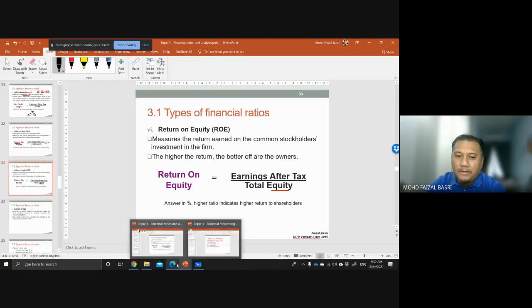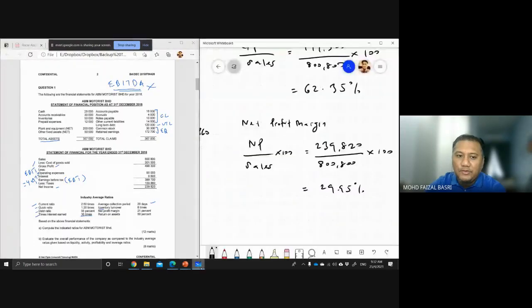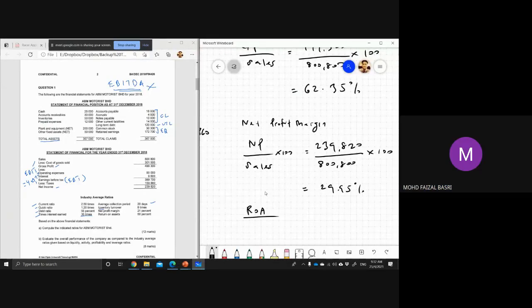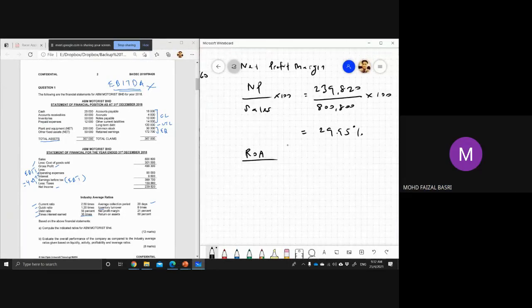Okay, so for the last ratio in this question is ROA actually. So for ROA, it will be earning after tax divided by total assets. So earning after tax there is 239,820, and the total assets is 367,000.